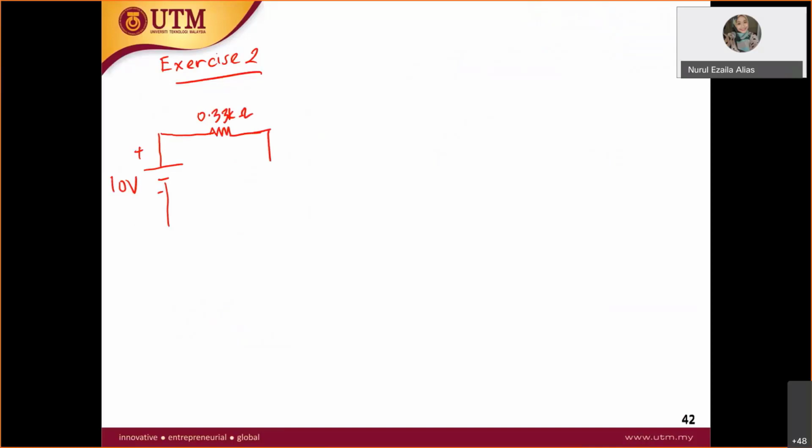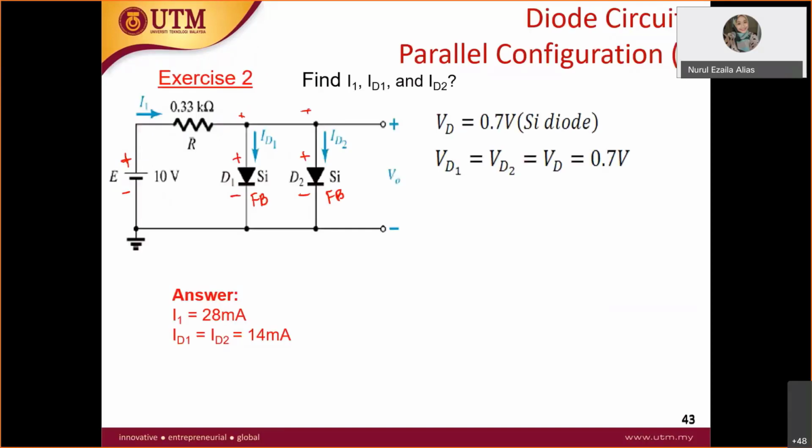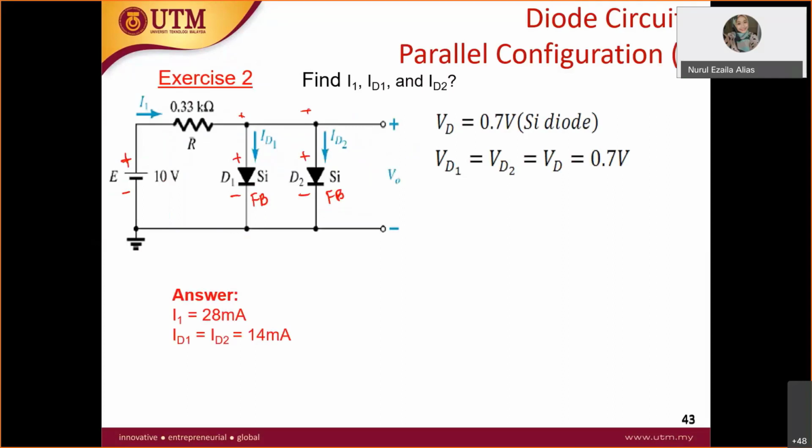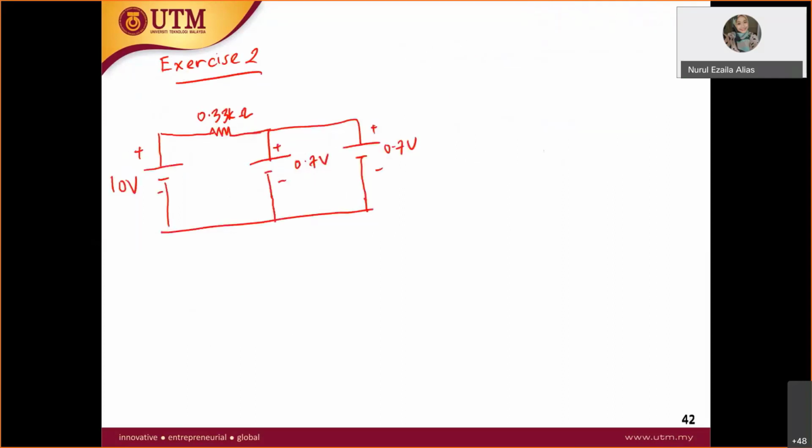You know this diode forward biased, plus minus 0.7 volt, and then plus minus 0.7 volt. The question asks you to find ID1, ID2, and I1.